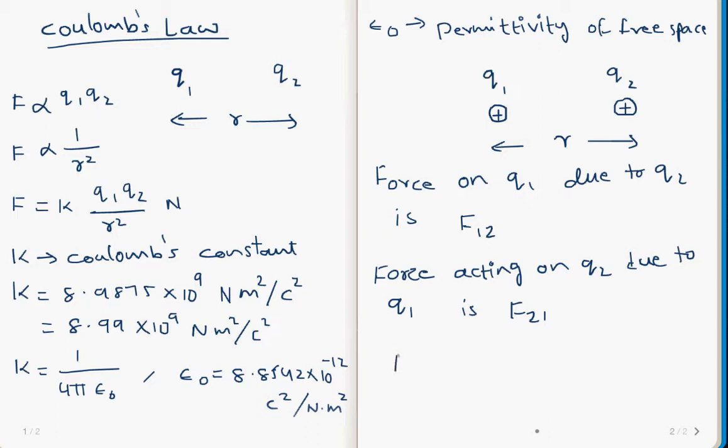So F12 is equal to minus F21. In this case, the force acting on charge Q1 due to charge Q2 is in this direction, and the force acting on Q2 due to Q1 is F21.